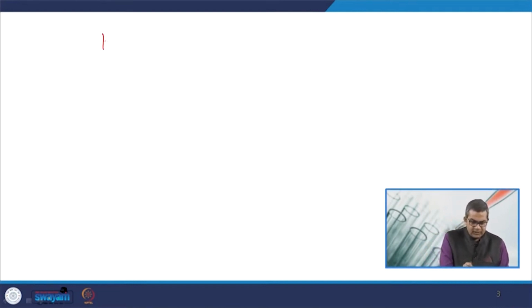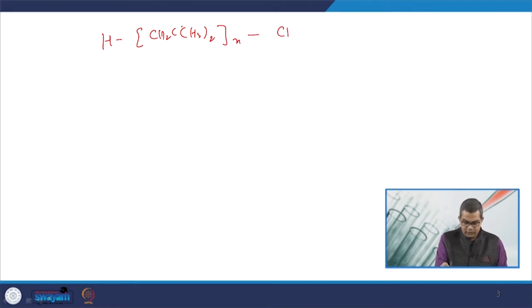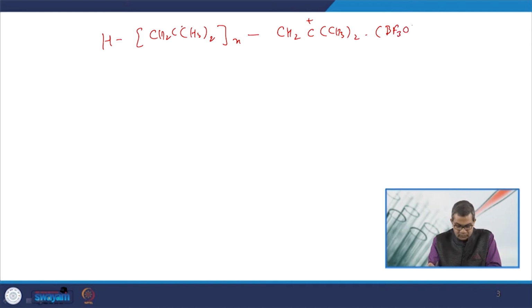Now, let us see this particular chemical reaction. CH3 twice and CH2. This is the positively charged CH3, and I am referring to the previous examples in this reaction. This is CH2 double bond C CH3 twice.